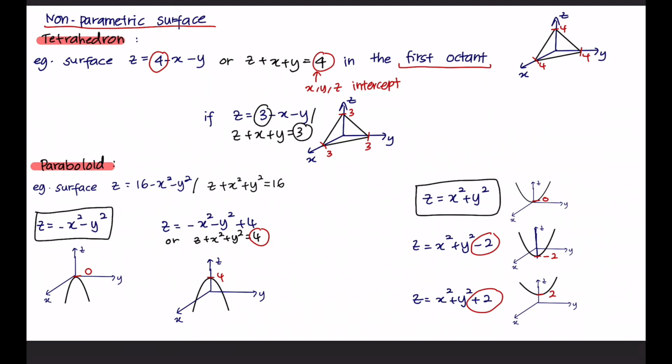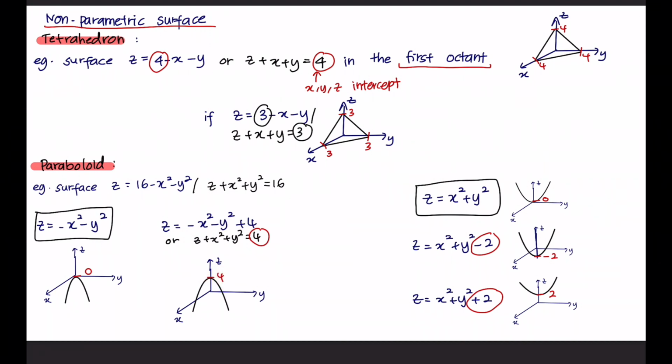When we have negative x square and negative y square, then the paraboloid is facing down, like this. The value at the back refers to the z intercept. Here we have z intercept 0, so we have 0 here. For this example, z equal to negative x square minus y square plus 4, so the z intercept is 4.